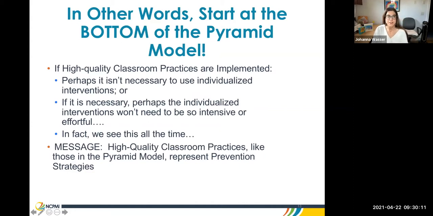Okay, so in other words, start at the bottom of the pyramid. So we're going to do quite a bit of work around that this morning or this afternoon for you all. It's 9:30 here. I know it's 11:30 for you guys. And so we're really looking at those high quality classroom practices.